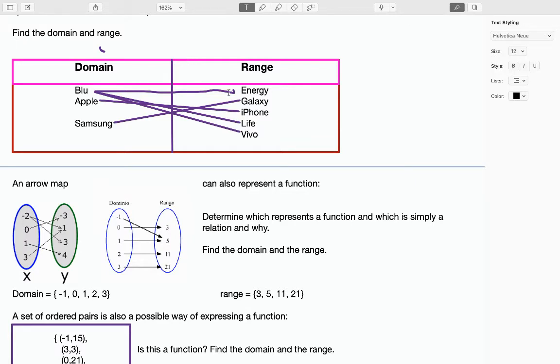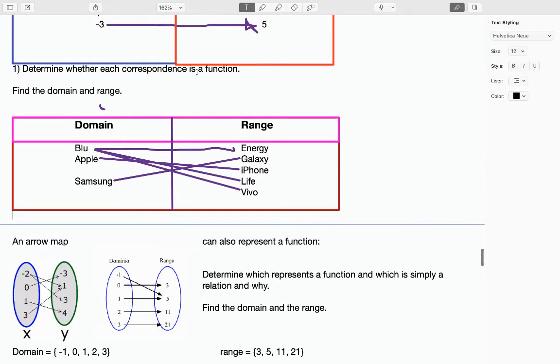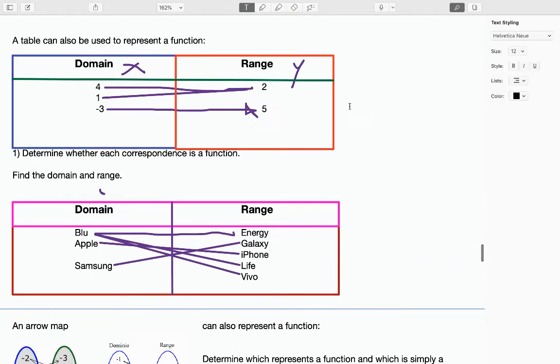But it has energy, it has iPhone, it has life. It has energy, life, and Vivo. Either way, it's not a function. It's just a relation. And now we have to determine the domain and range.